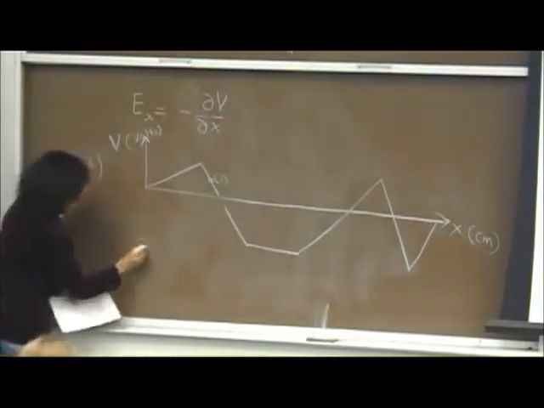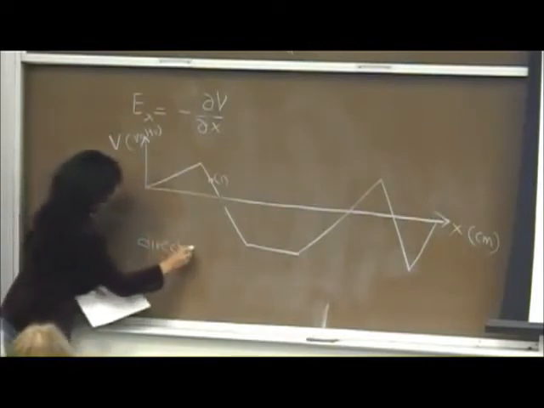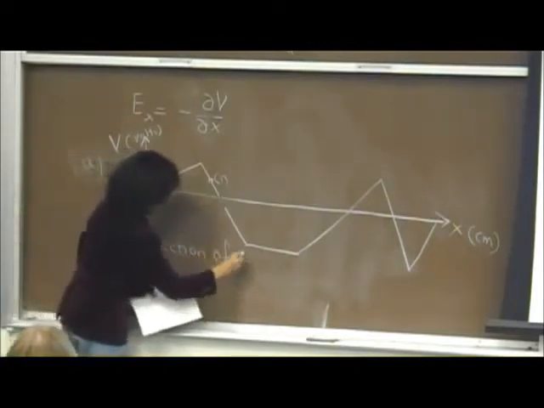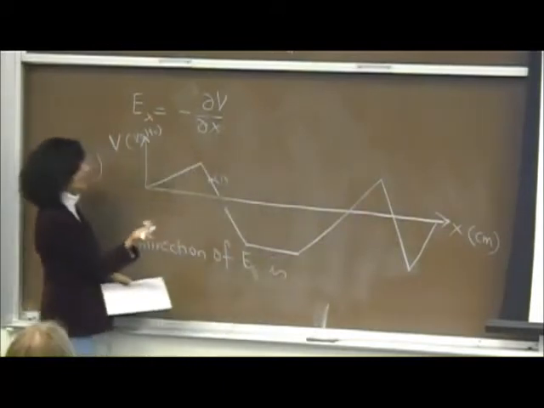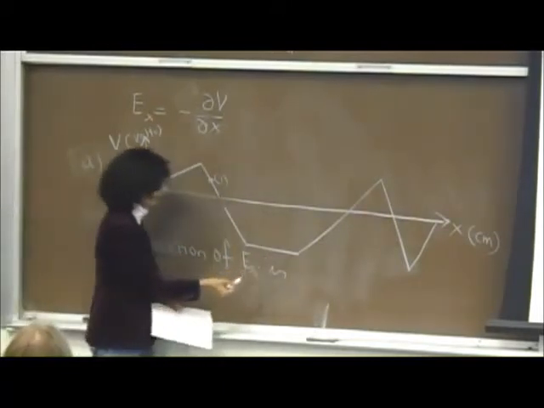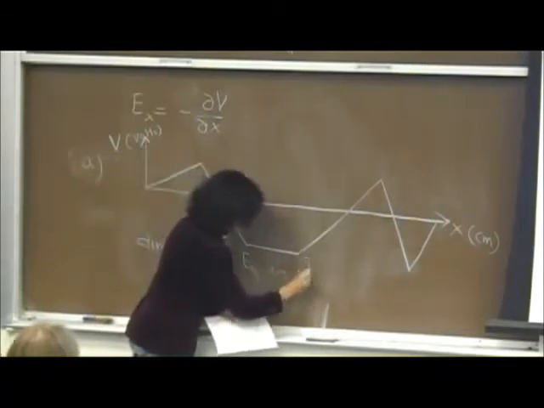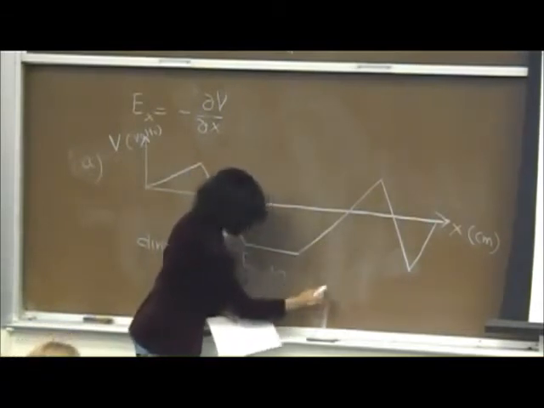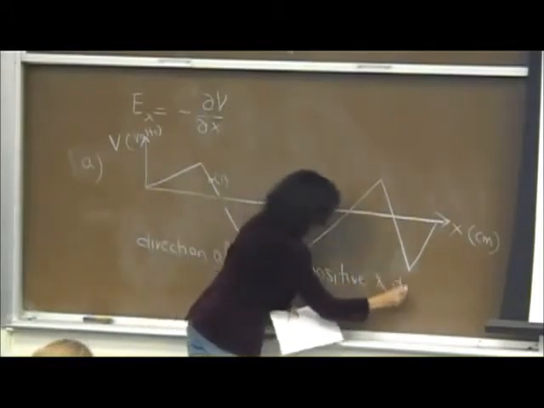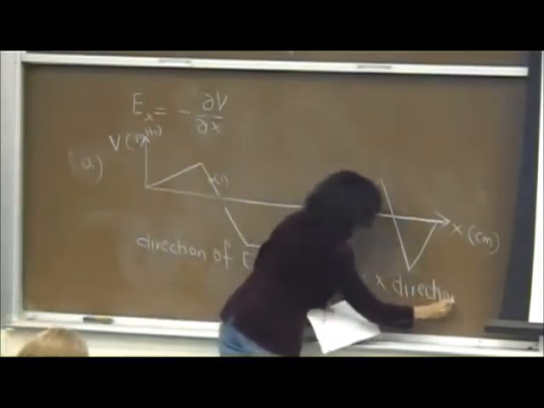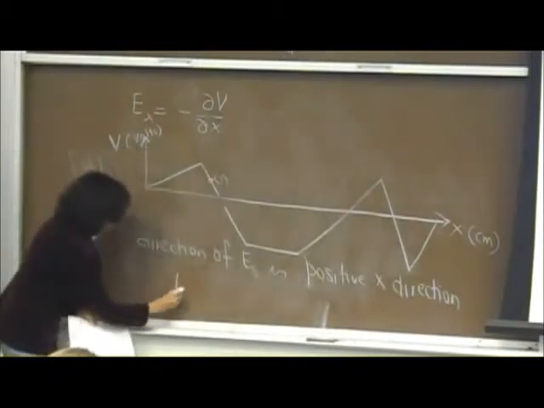So one thing I know is that the direction of electric field, which only has an x component, so we can even call it E if you like, is in the positive x direction. Okay, what about the magnitude?